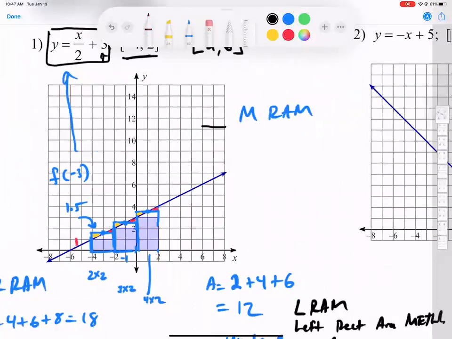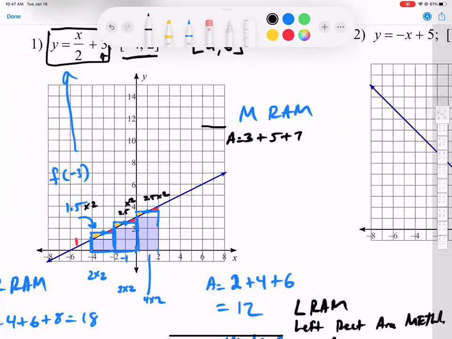So this looks like it's going to be 2.5, and this is 3.5. So we're going to say this is 1.5 times 2, 2.5 times 2, and 3.5 times 2. So that would be 3 plus 5 plus 7.